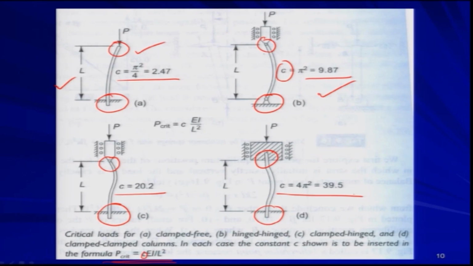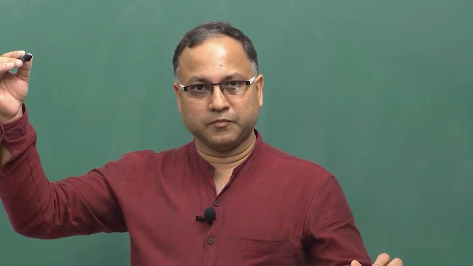Now, if you look at this coefficient, this is pi square by 4 and this is 4 pi square. What does it mean basically? Suppose your column is something like that, one end is free, another end is clamped. Instead of that, if you use this kind of column where both ends are fixed or clamped, then basically you will get a higher P critical.